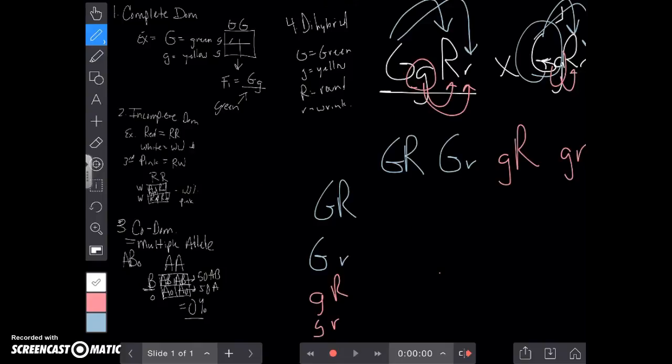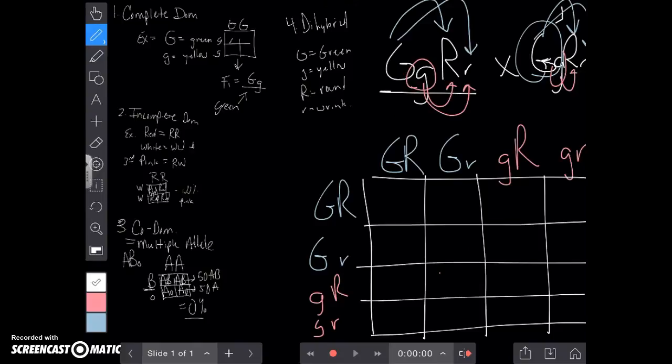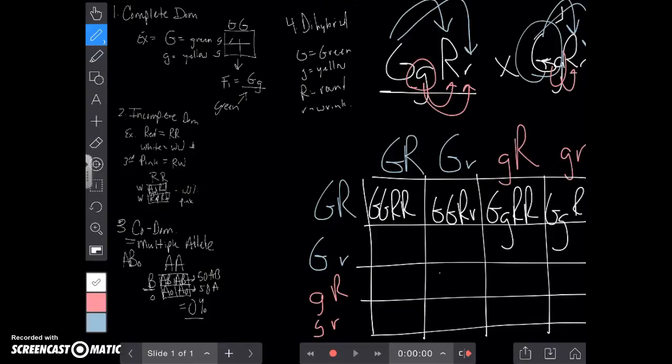So when I go through and set up my Punnett square, remember last time I gave you the actual equation. Keep your G's and your R's consistent, and always have your capital letters first. We can do the whole thing, but I won't do it all; I'll just give you the idea.